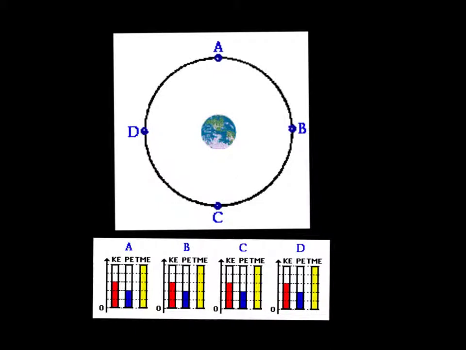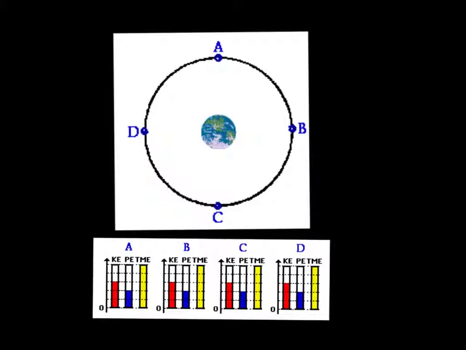Let's look at a scenario so that we can take a look at how all of these things work together. First question I have for you. If we have a satellite that is orbiting the Earth in a circular orbit, which is basically an ellipse where both foci are right on top of each other, does this satellite have potential and kinetic energy?